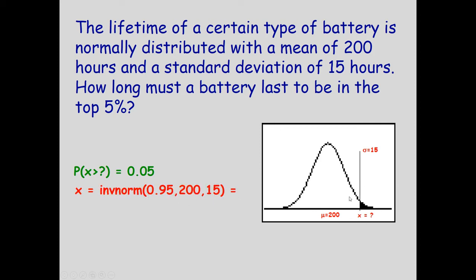This white space, this area to the left, that's going to give me my answer here at X. You have to always tell the calculator the area to the left of your X value. So 0.95, 200, 15, that gives you 224.673.